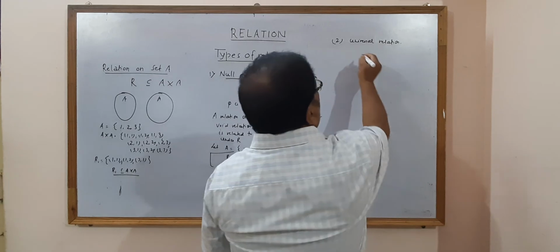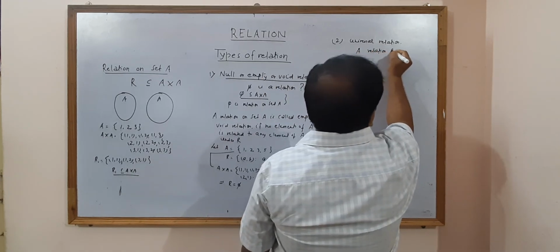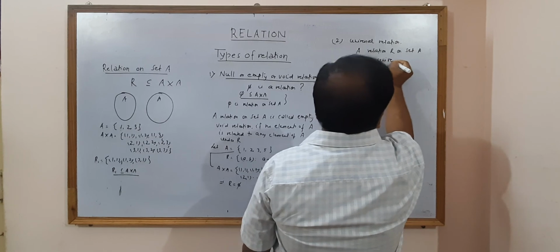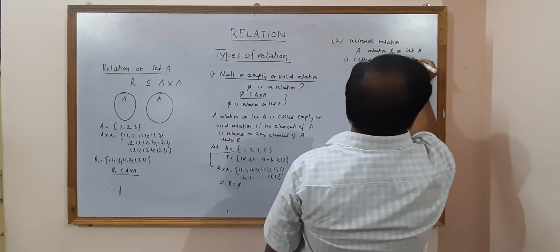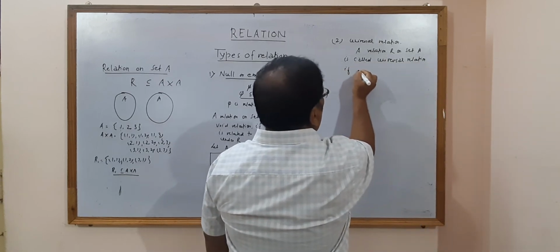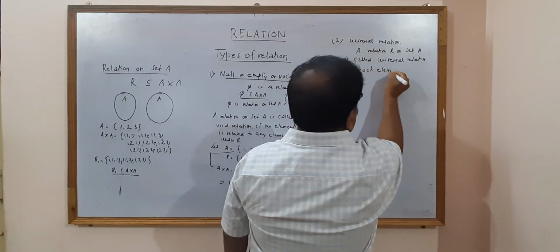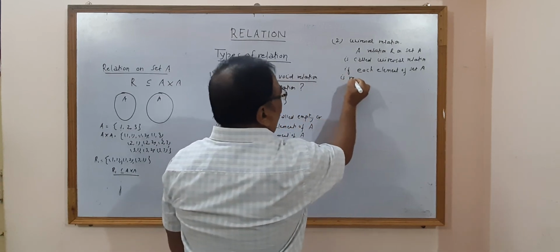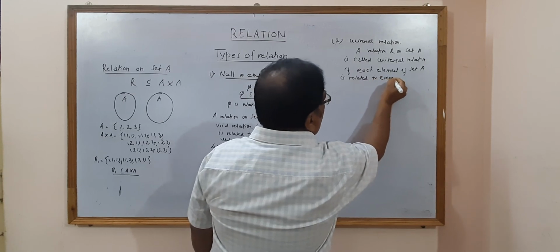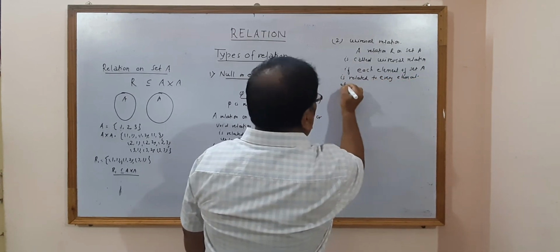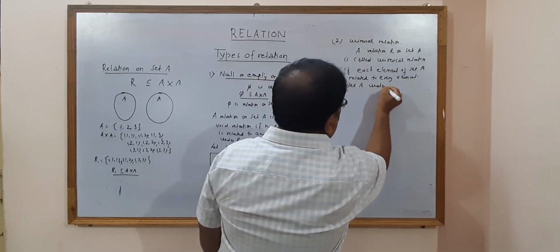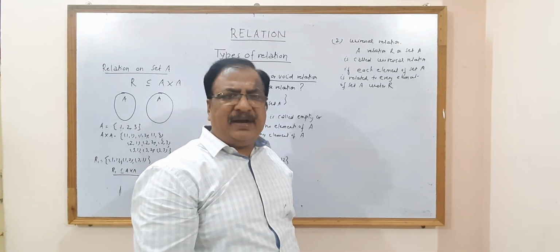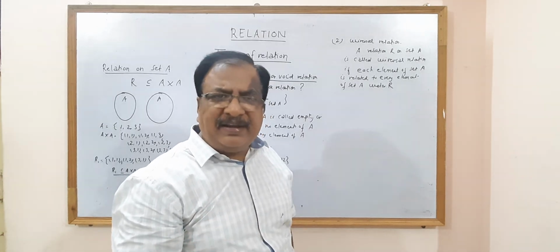A relation R on set A is called a universal relation if each element of set A is related to every element of set A under R. That means whatever the criteria R has given, each and every element of A cross A is fulfilling that condition.